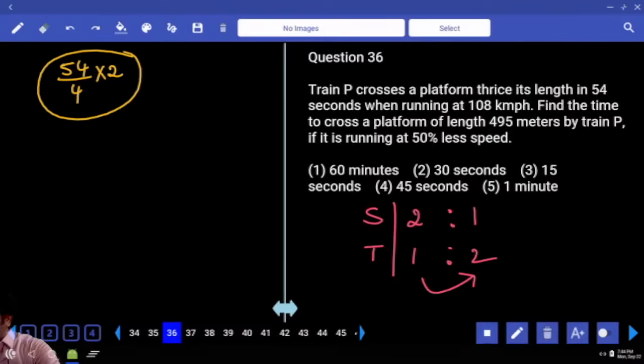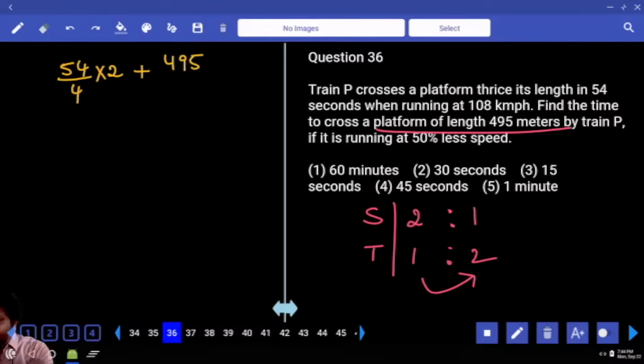Train length. But finally we have to cover a platform of length 495 meters. Then along with this, you have to add time that it takes to cover platform. Platform length is 495. Original speed was 108.